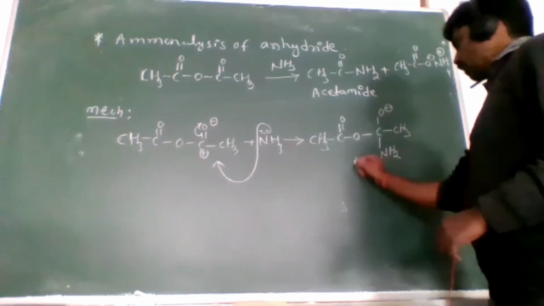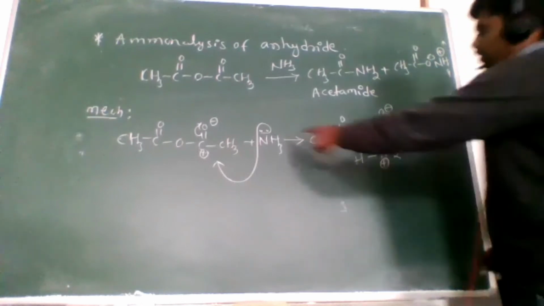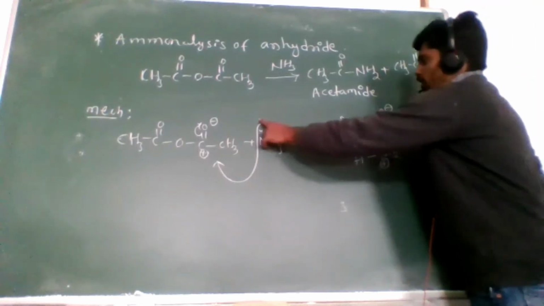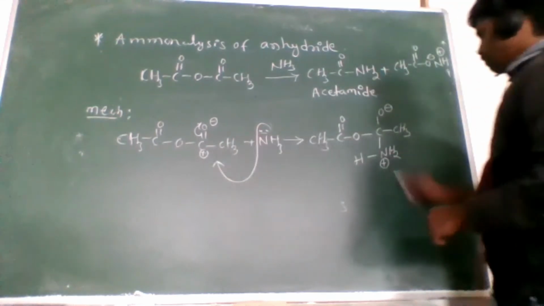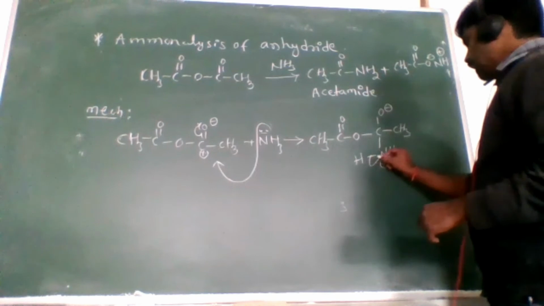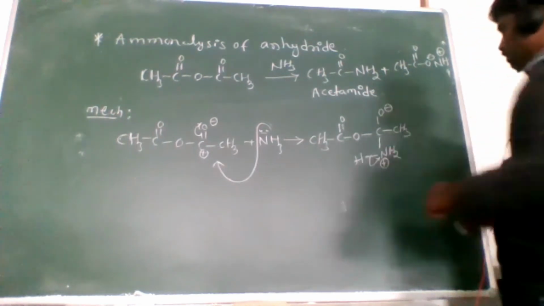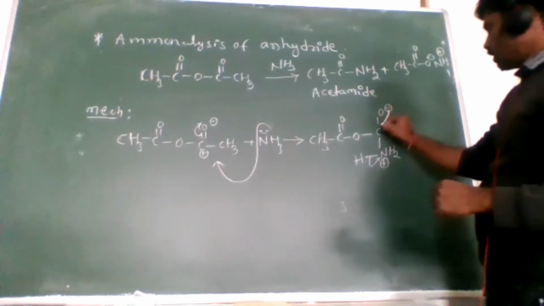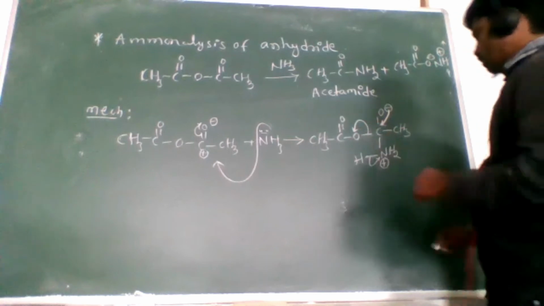I'm writing one hydrogen separately. N is getting positive because the nitrogen atom gave a lone pair of electrons to the positive carbon. So in between the nitrogen and hydrogen bond, these electrons shift to the nitrogen side. Once these electrons come inside, these electrons shift to the oxygen side.